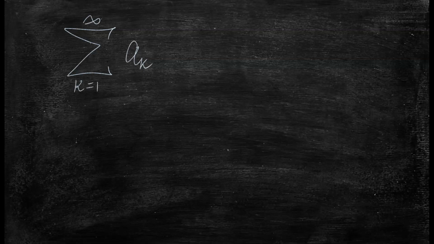So the sum of a series can be expressed like this. We can take the sequence of partial sums. So basically, instead of infinity at the top, we're going to put n. So this represents the nth partial sum.